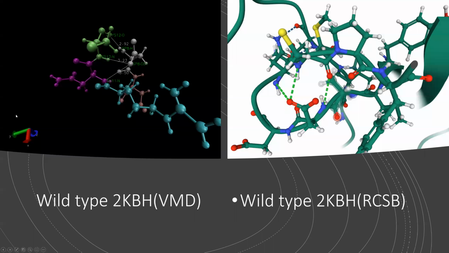As you can see here in the wild type listed from the RCSB website, there is the presence of a charge-charge interaction between aspartic acid and cysteine, which is about 2.92 angstroms, and then hydrogen bonds between cysteine and aspartic acid, and then asparagine and aspartic acid, and these are listed as 3.23 angstroms and 3.50 angstroms, respectively.